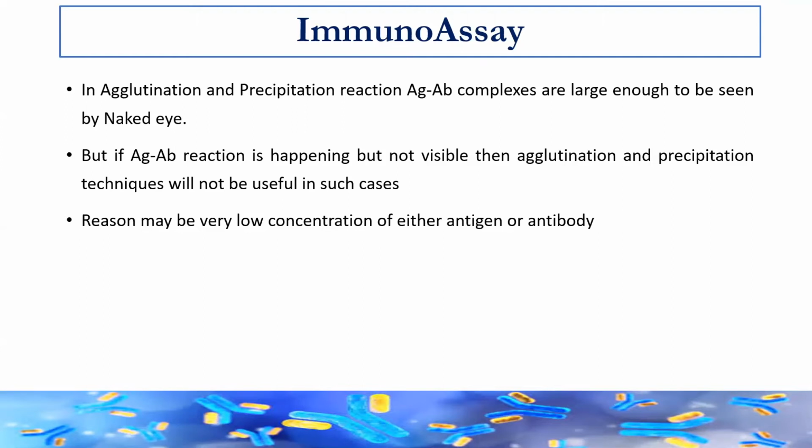That is, you won't be able to see agglutination and precipitation reactions, and you won't be able to quantify antigen or antibody. It means that when you have a very low concentration of antigen or antibody, agglutination, precipitation or complement fixation techniques won't be able to help you.